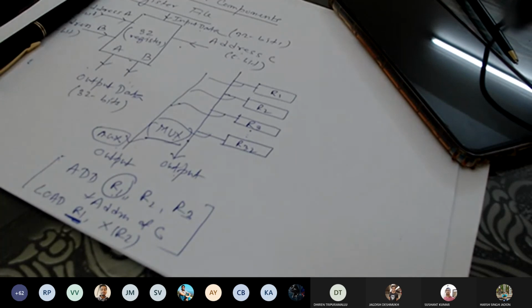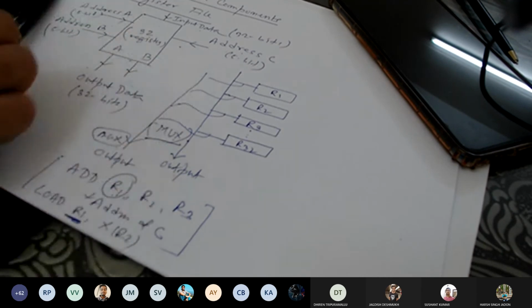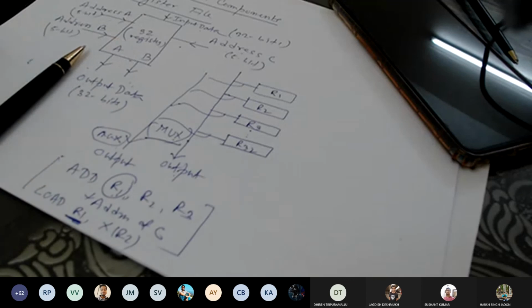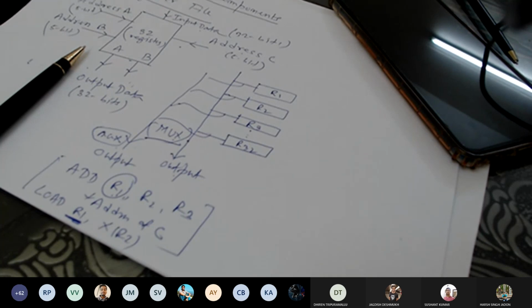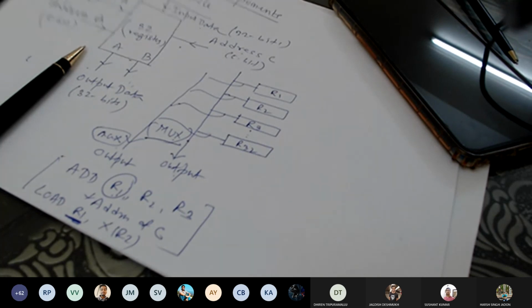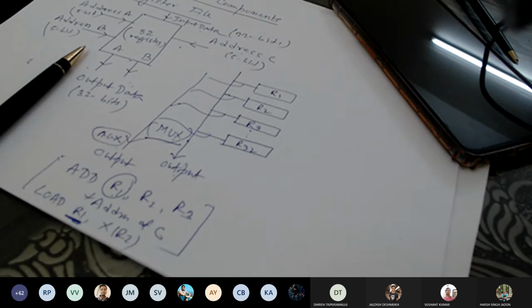So now you know that if I ask you to design a register file, dual port register file. This is a dual port register file. That means both the registers will be read at the same time.